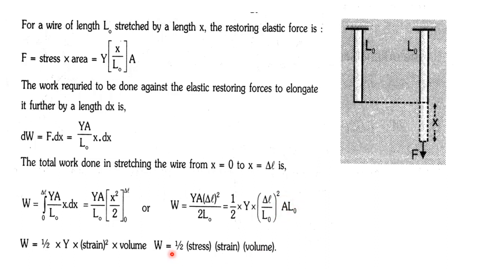Similarly, if you substitute the value of Y as stress by strain, then one of the strains in the denominator will cancel with one strain, and we can write W is equal to half into stress into strain. So this is the value of the work done, or the potential energy of a wire under the deforming force. So we come to the end of this lecture 2 of elasticity.